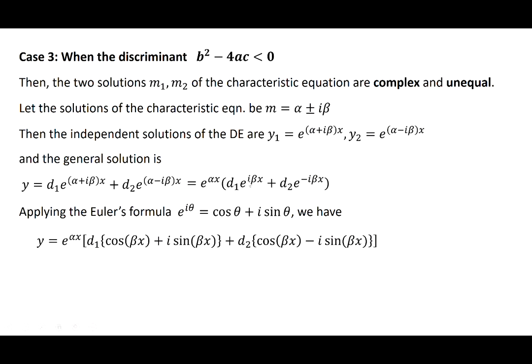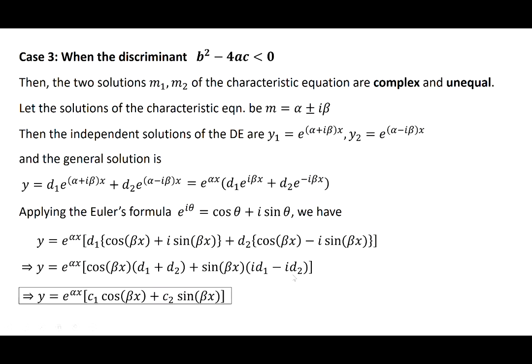I replace e to the i beta x with cosine beta x plus i sine beta x, and e to the negative i beta x with cosine beta x minus i sine beta x. When I rearrange the terms, factor out cosine beta x, and replace d1 plus d2 with c1 and i d1 minus i d2 with c2, this is what ends up being the general solution.